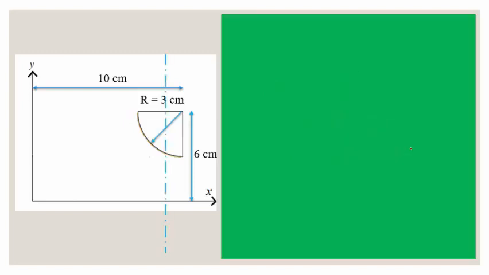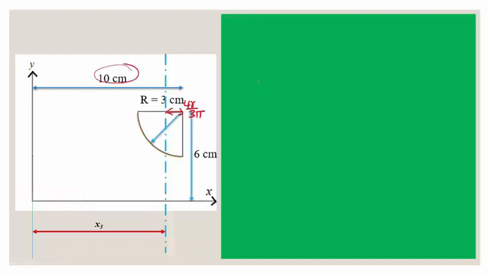Next, we need to locate the centroid of this quadrant along the x and y axis. For that, we need to fold this quadrant along the x axis. 4r by 3 pi is located from the corner point along the x axis, but x3 is the distance of this centroidal axis from the reference. x3 can be calculated by subtracting this 4r by 3 pi distance from the total length 10 centimeter.